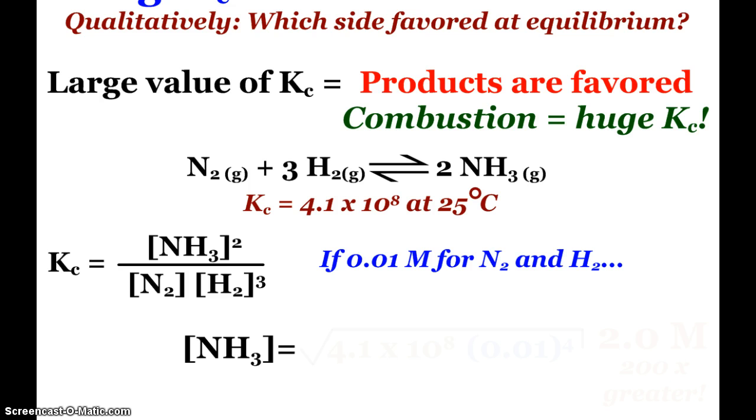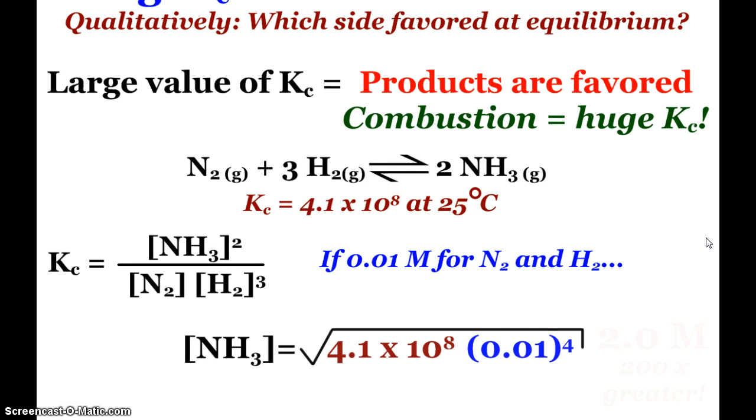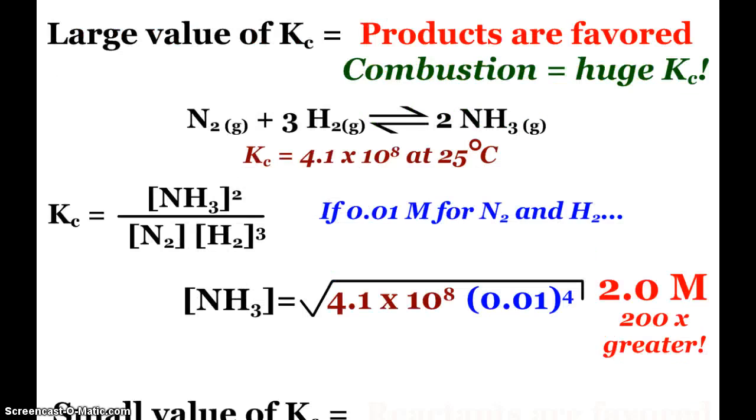So if I just say I have 0.01 molar for nitrogen and hydrogen, I can find the concentration of ammonia by taking the Kc times the concentrations of the reactants and then take the square root of that. When I do that, I find the ammonia concentration to be 2 molar, which is 200 times greater than the reactant concentrations. So you can see that large value of Kc times 10 to the 8th is favoring product formation.